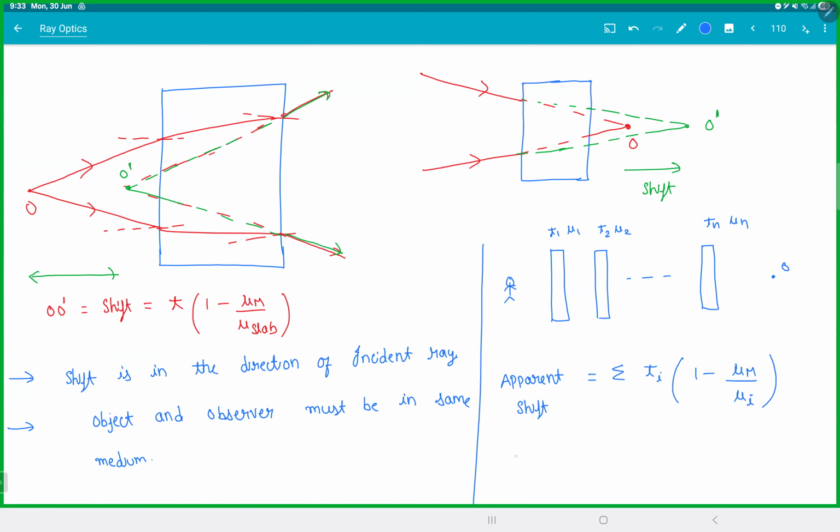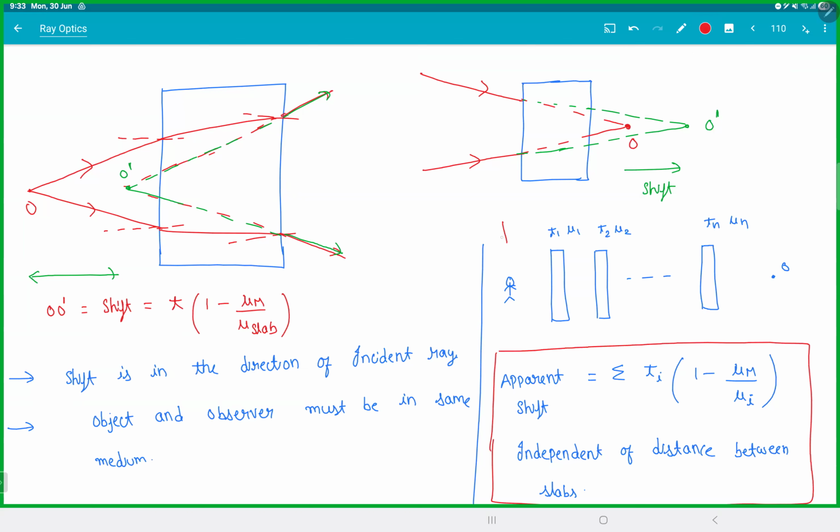This is independent of distance between the slabs. It doesn't matter. You can keep the slabs together or apart, this is the shift. This is the more generalized formula. We proved it for one slab, and you can make it for n slabs.